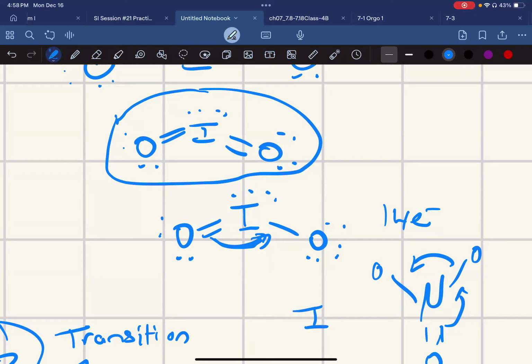Let me see. So you see the oxygen on the left, right? It has 4 non-bonding electrons. Then you would count each. Oh wait, actually, never mind. I think you're asking me about formal charge? No, I'm just asking for electrons in general, but I think the Lewis dots confuse me.